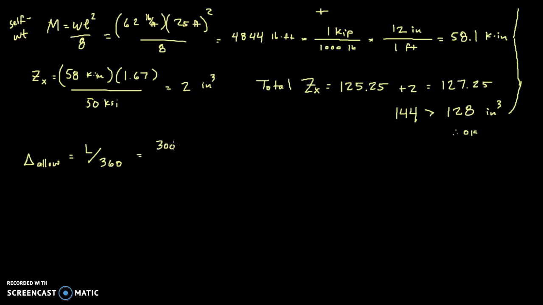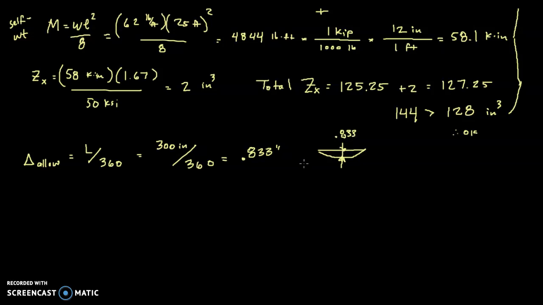So it's going to be 300 inches divided by 360, and 300 divided by 360 is 0.833. So 0.833 inches is how much we want to allow this beam to sag in the middle, to put it in simple terms. That dimension in the middle cannot exceed 0.833.